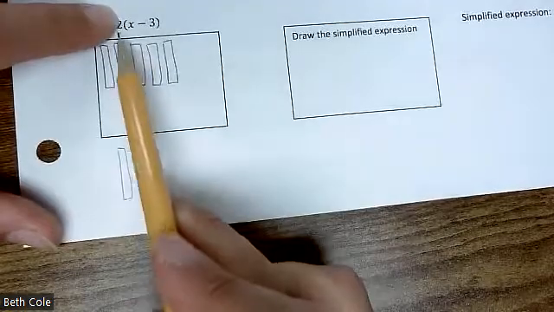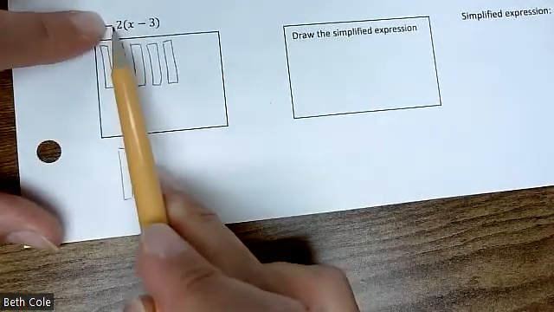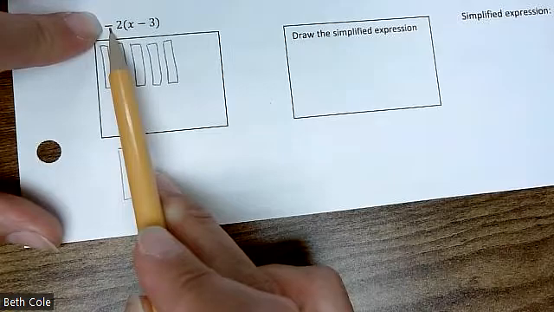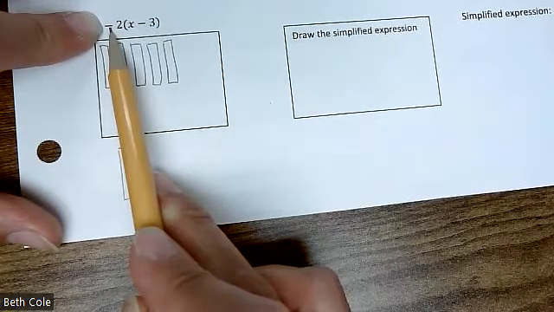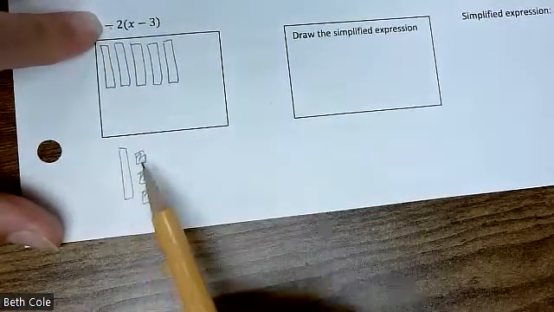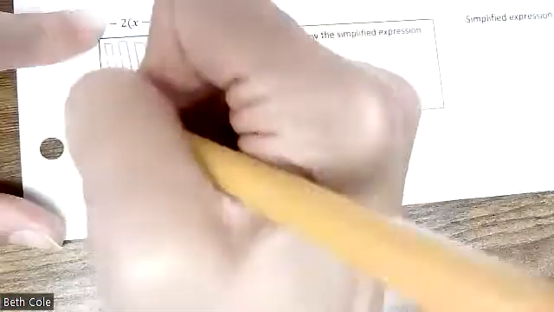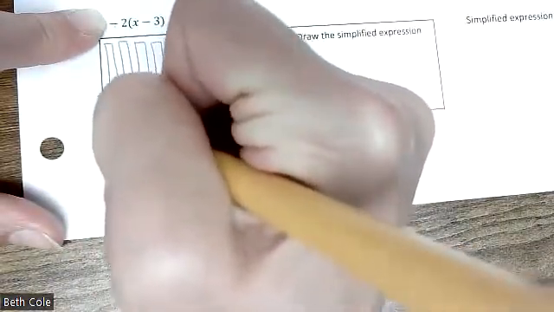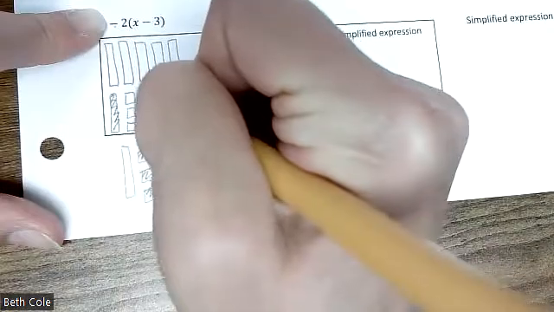Okay. But we want 2 of them. And do you see how it's negative? You're with me here? That means it's opposite. So instead of a positive x and a negative 3, you're going to want a negative x and a positive 3. And you want 2 of them.